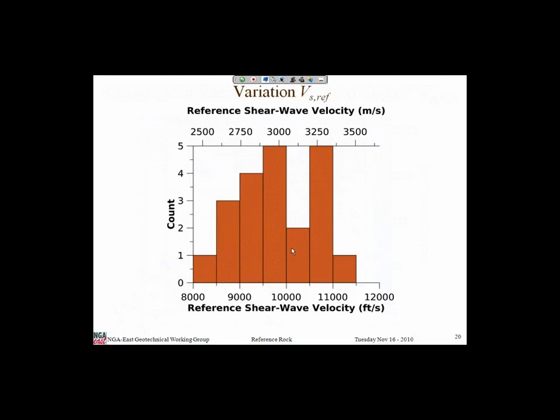So here are some statistics we have done on the VS variation, and you can see it ranges anywhere between 8,000 and a little bit over 11,000 feet per second, say 2,500 to 3,500 meters per second. So it's a range that we have there.